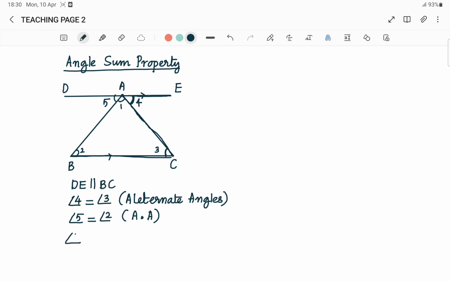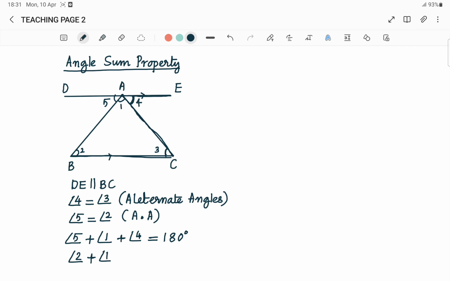We know that angle 1 plus angle 5 plus angle 4 is 180 degrees, since the sum of angles on one side of a straight line is equal to 180 degrees. Now angle 5 I can write as angle 2 because those two are equal.